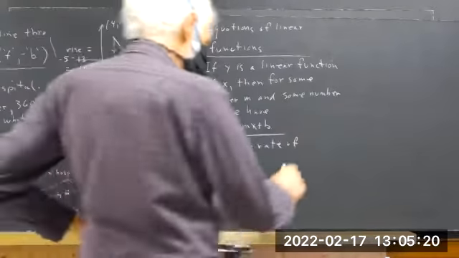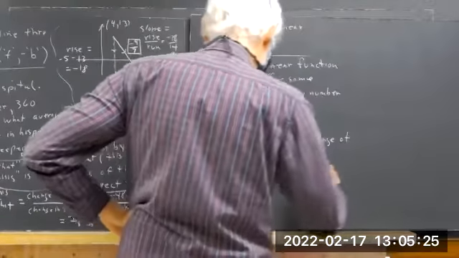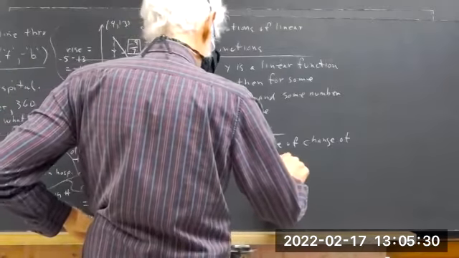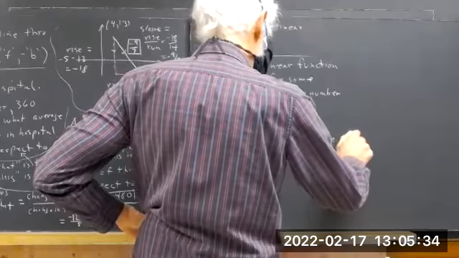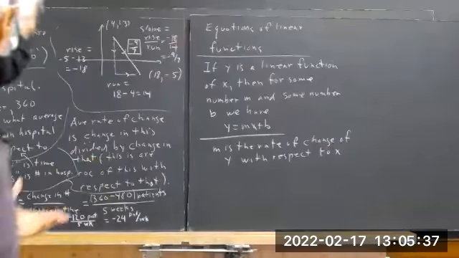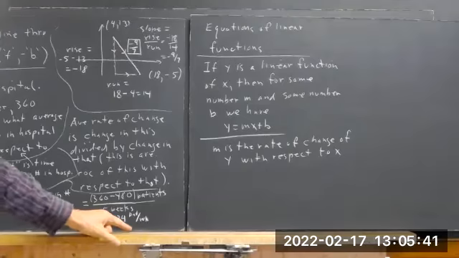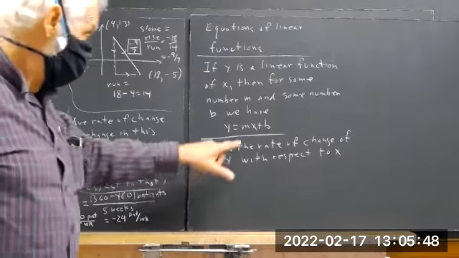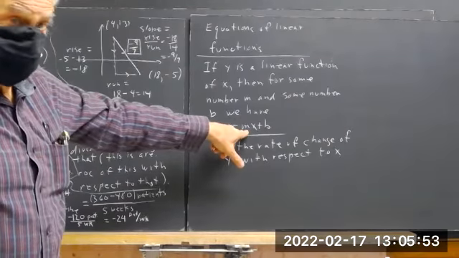M is the rate of change of y with respect to x. Going back to the example we just did, the average rate of change for the number of people in the hospital with respect to time, okay, this would be m for a linear equation, okay?